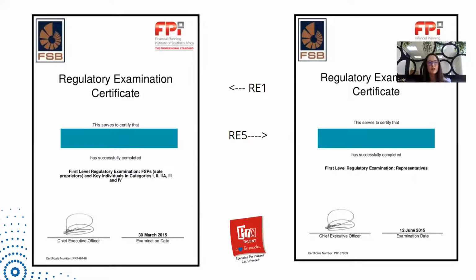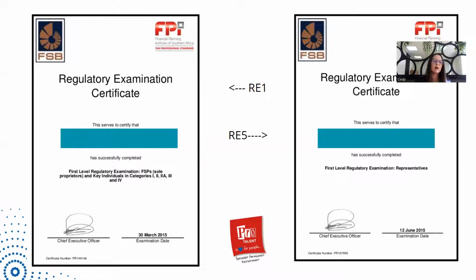Now the question that also comes in is, who must do an RE1 and who must do an RE5? The RE5 is for anyone who wants to be a representative in the financial services sector. The definition of a representative is someone who is giving advice to a client.